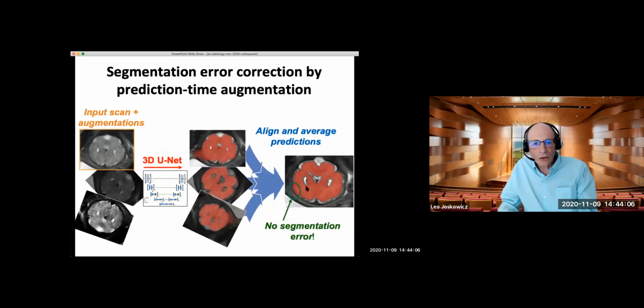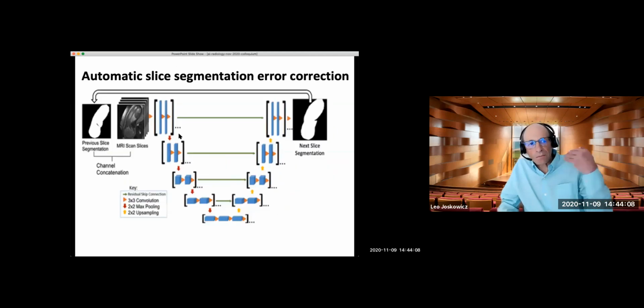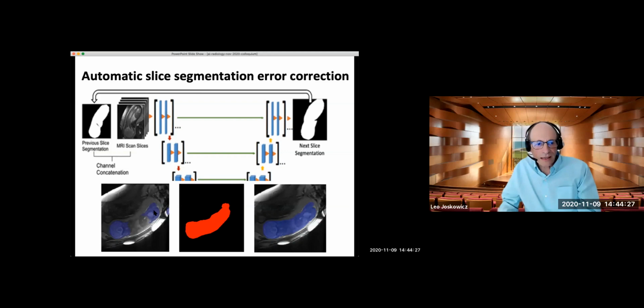However, what we can do is that because we're processing a series of slices, you can build a network which basically takes this corrected segmentation and feeds it with two channels, the scan slices around it, and this segmentation, and produces the next one, just like in an iterative way. So this is an example.